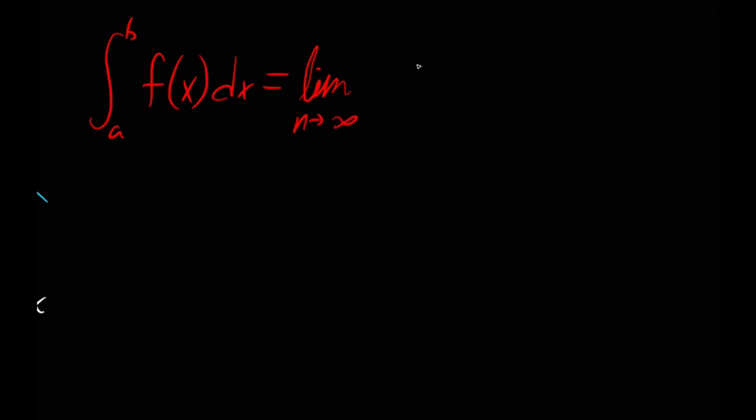let's make this a quantity. Let's say the integral from a to b of f of x dx is equal to the limit, as n approaches infinity, of the sum from i equals 1 to n of f of x sub i, another continuous stream, delta x.